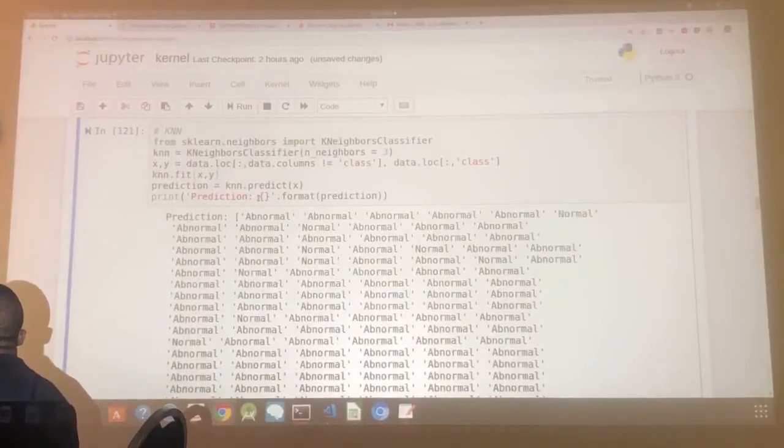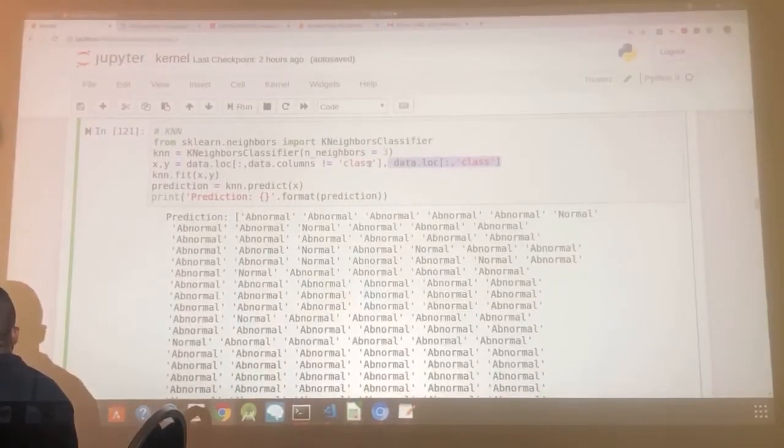The coolest thing about KNN is that you can just chuck in your X and Y and start predicting. In Python, you did the tutorial, so my X is this part here, my Y is this part here. What I'm saying is: locate all the data columns except class.